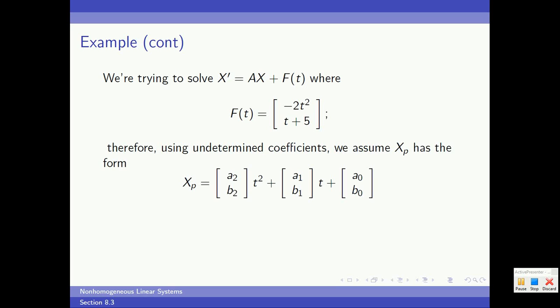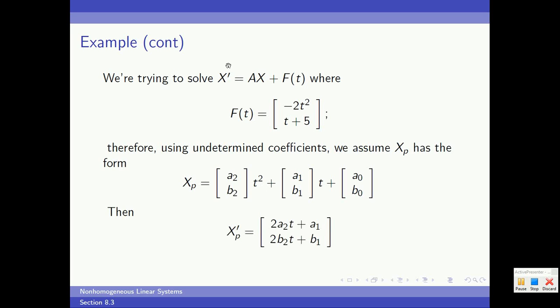The polynomial form is going to have something times t squared, plus something times t, plus a constant, because we have the t squared term so we have to go all the way up to t squared. We need to find what these constants need to be so that when we plug this into our equation, x prime equals Ax plus f of t, the left-hand side is equal to the right-hand side.